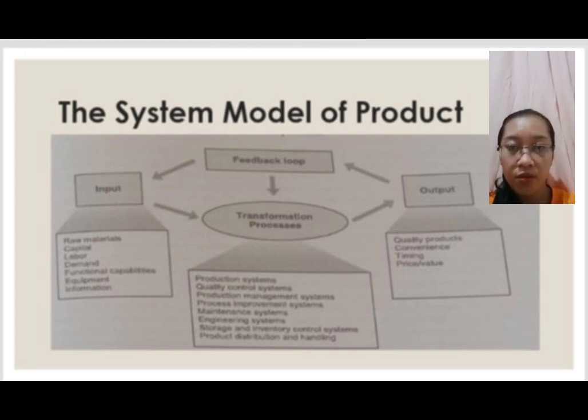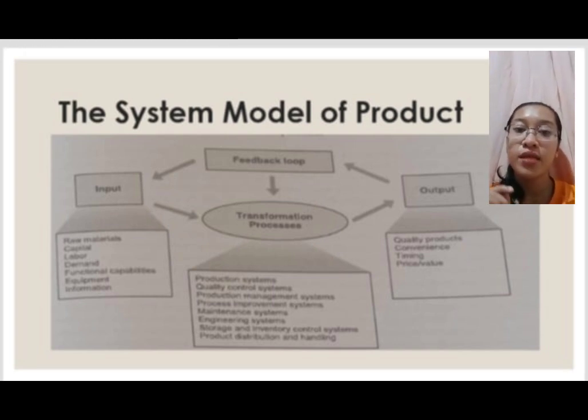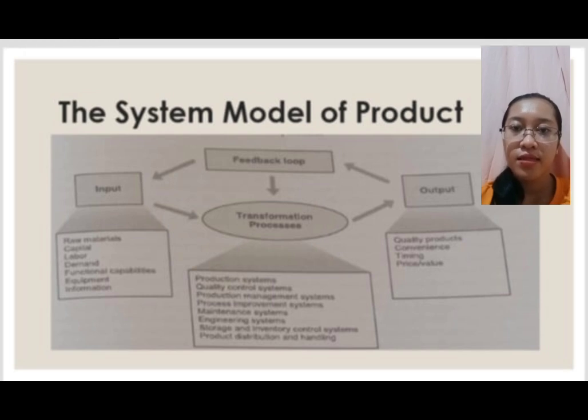For example, large volume purchasers of some products are able to influence the price, timing of production, and even the overall quality of a product resulting from that production. Last is feedback systems.